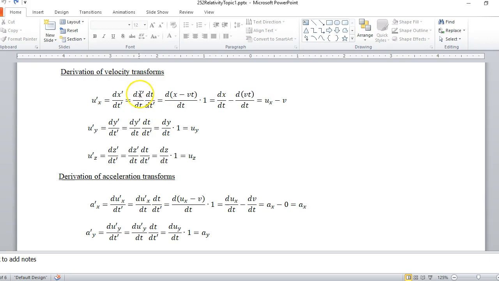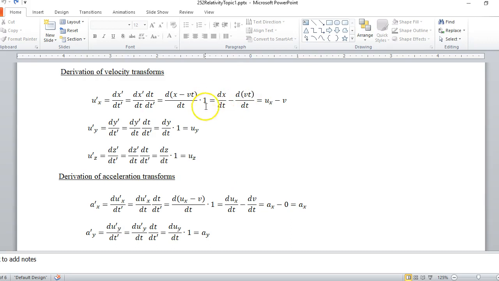Then you substitute in the transformation equation for x prime, which is x minus vt. And since t prime equals t, that dt/dt prime derivative is 1. So then you end up just differentiating x minus vt. You get dx/dt minus d(vt)/dt.